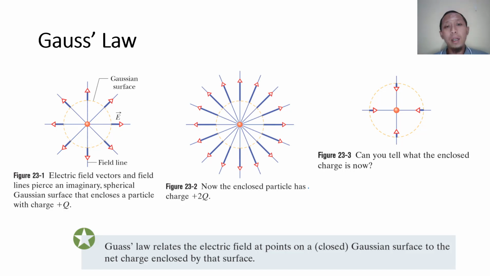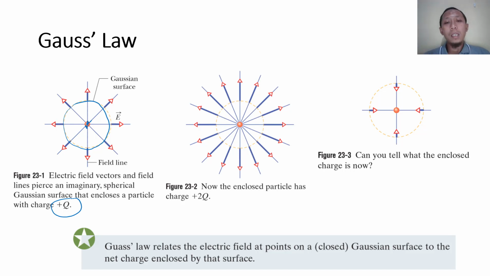And then, if we have a charge like this one, this is the charge, and then around the charge we can calculate the electric fields. So a Gaussian surface is like this one. So the area outside of the charge, we can call it the Gaussian surface. If the electric field is away from the positive charge like this one, so this is the positive.